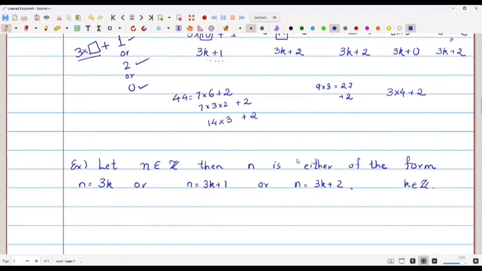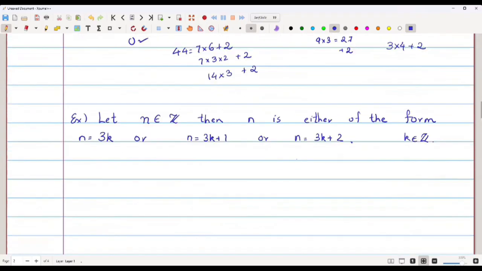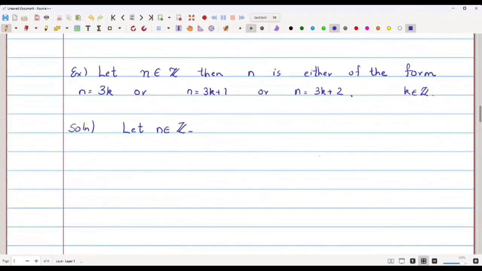Okay, so now what I will do is I will take this integer. So let n be an integer which is given to us, and this integer we are going to divide by which number? Which number are we currently discussing? Number 3 is coming in the picture, you see.